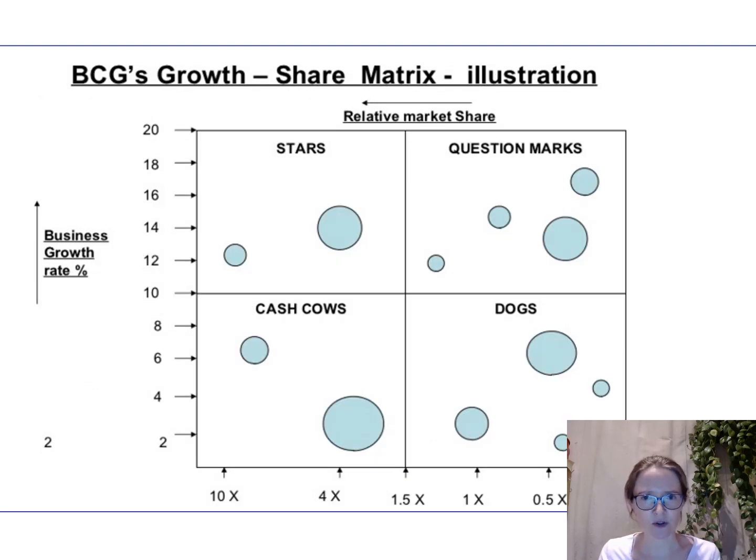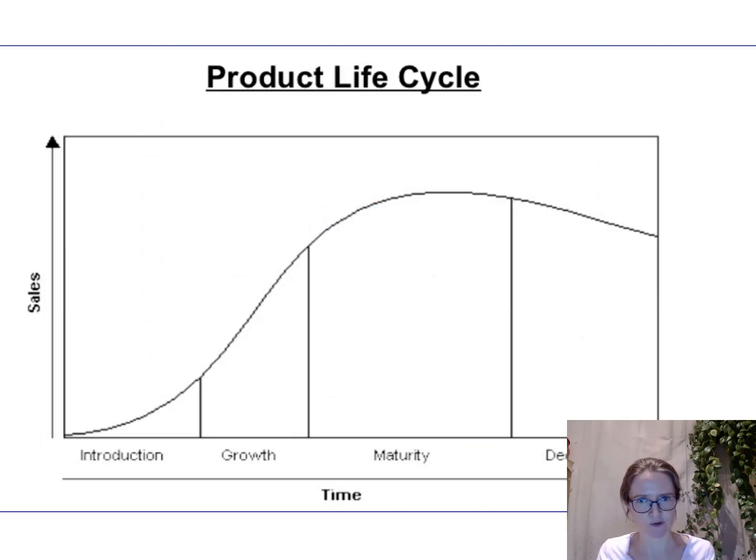So here's an illustration of actually putting the BCG growth share matrix into practice. As we see, we've got the business growth rate here from low to high and the relative market share. And then we've got these 4 distinct quadrants which are categorized in terms of stars, question marks, dogs, and cash cows. And we can also see that the product life cycle is determined by different distinct phases.